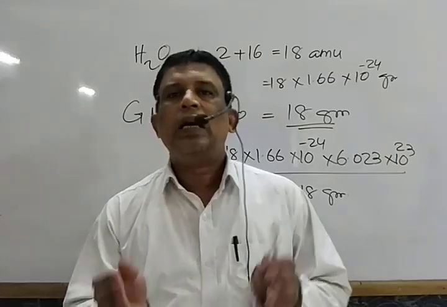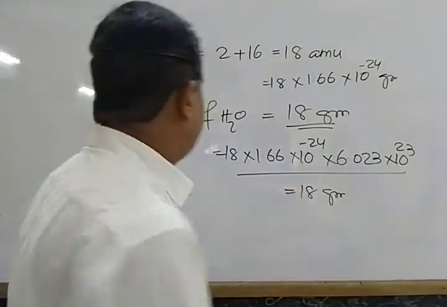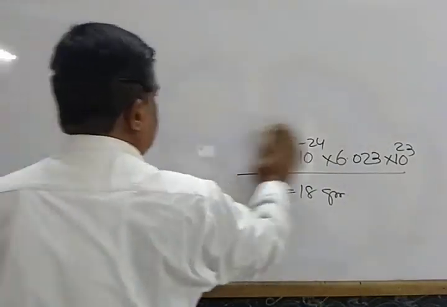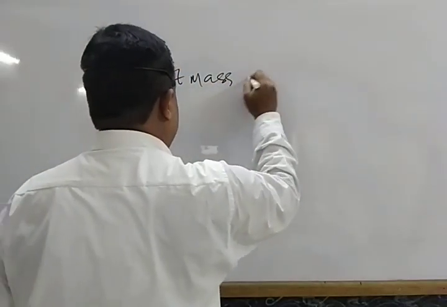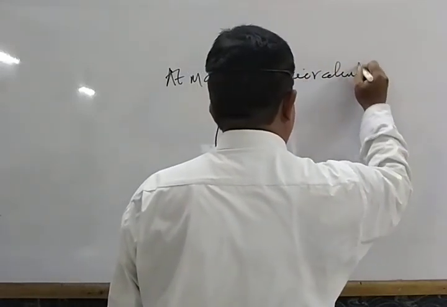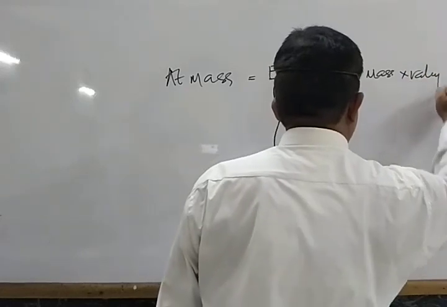Another little formula is also there. Mark that, it is a relationship of atomic mass with equivalent mass and valence. That means atomic mass is equal to equivalent mass into valence.